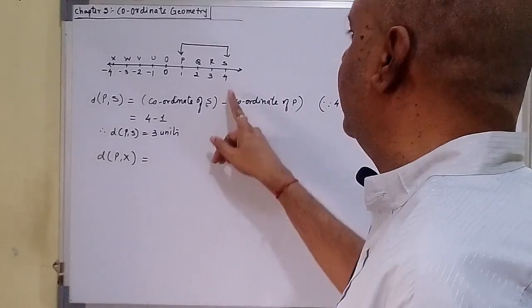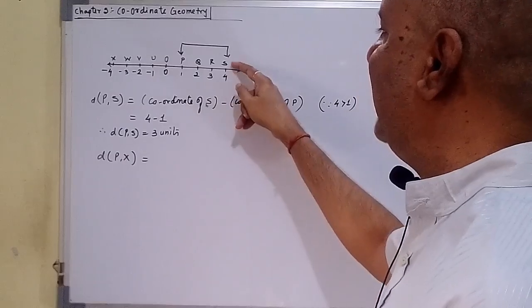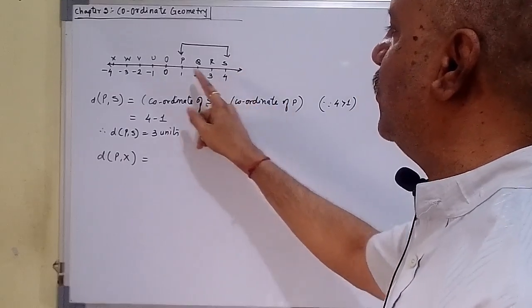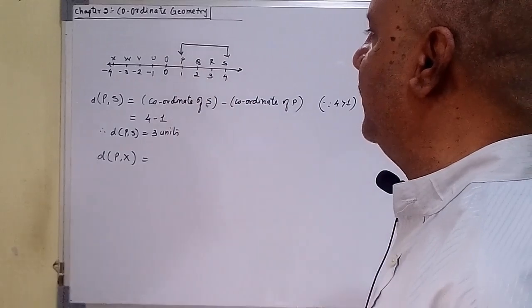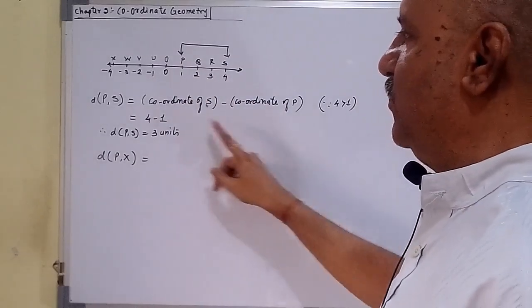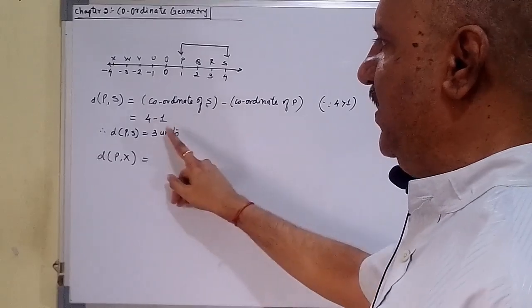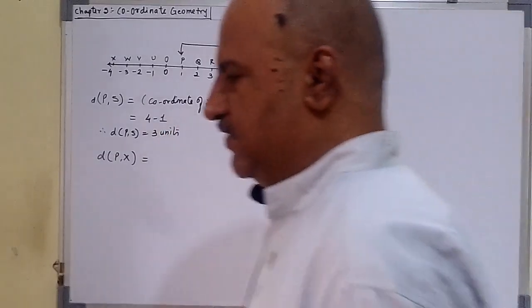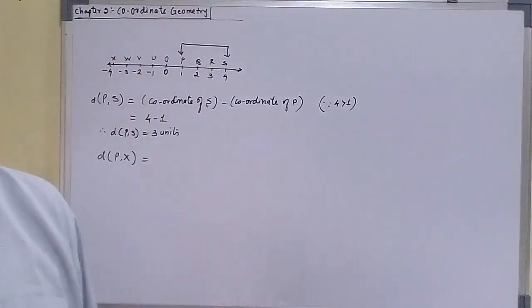Here you can see the coordinate of point S is 4, and the coordinate of point P is 1. So which is greater? 4 is greater than 1. So we write the coordinate of S minus the coordinate of P, that is 4 minus 1. So distance PS is 3 units.